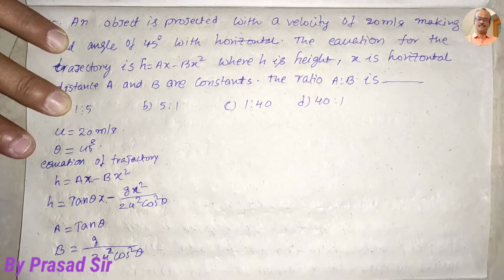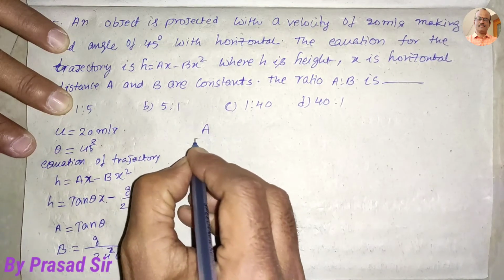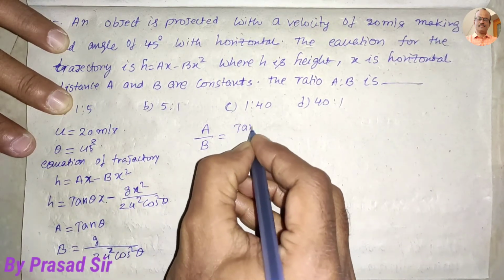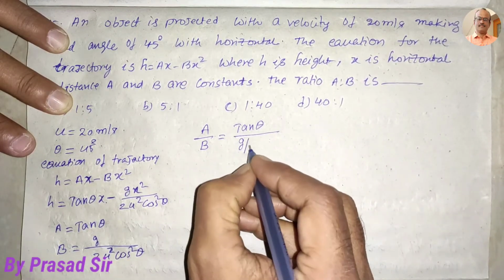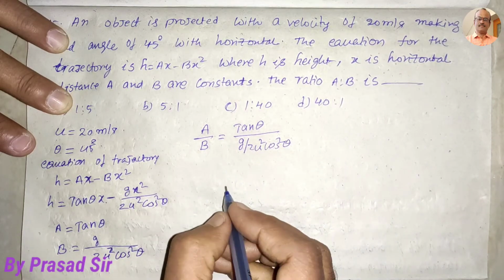But which one do we want to calculate here? The ratio a by b. So a by b is equal to tan theta divided by g divided by 2u² cos² theta.